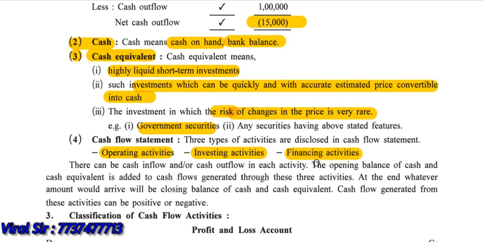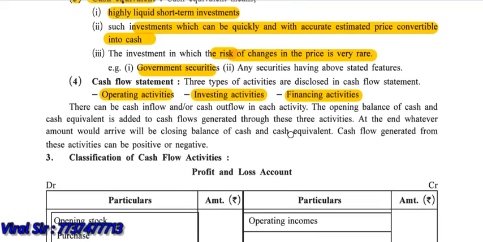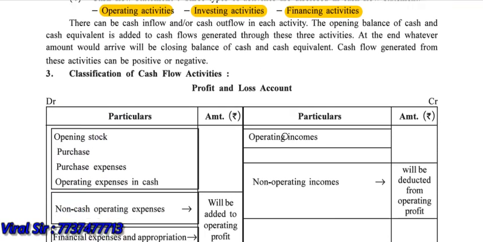In all three activities there can be cash inflow, there can be cash outflow. At the end, what we arrive at is a closing balance of cash and cash equivalent generated from these three activities, whether it is positive or negative. Clear?